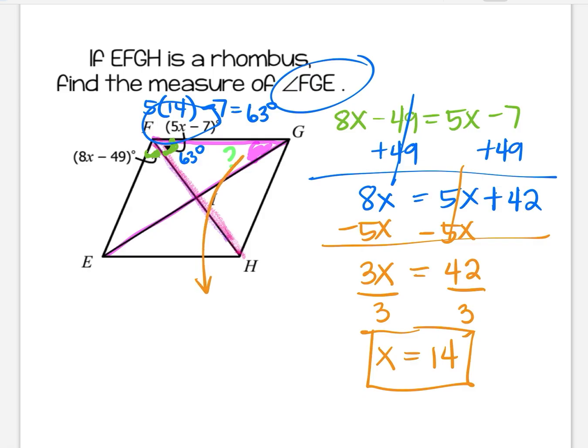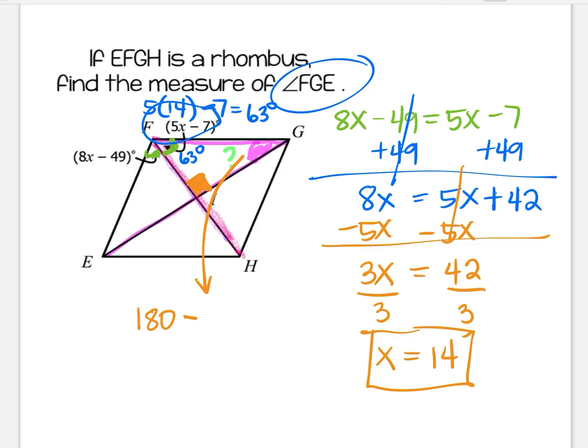Why? Because we know that this angle here is a right angle, because diagonals are perpendicular, meaning this part of the figure measures 90 degrees. So to find the missing angle, we will just take 180, the sum of the measures of any triangle, and subtract what we know.